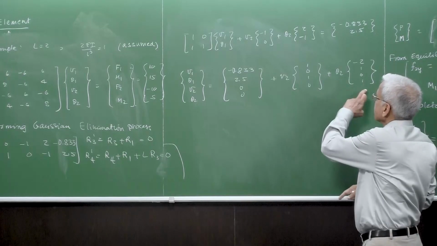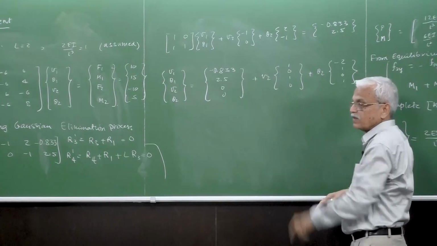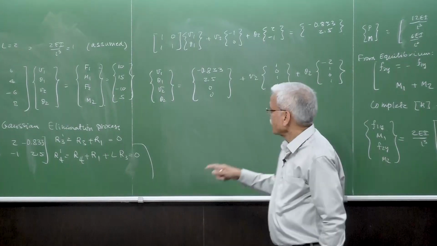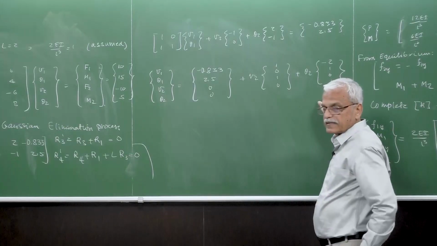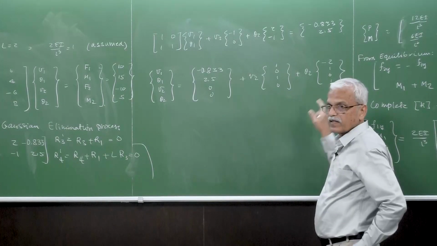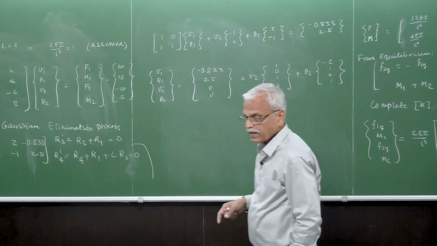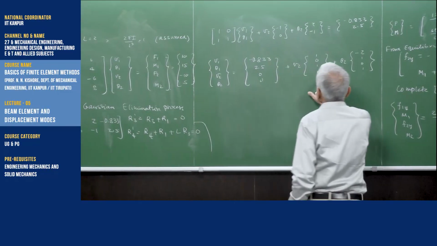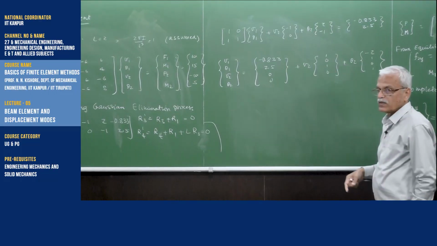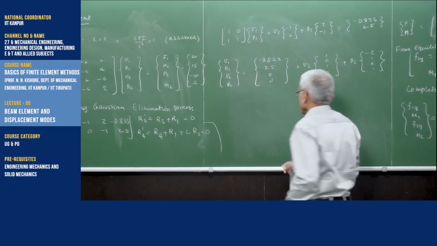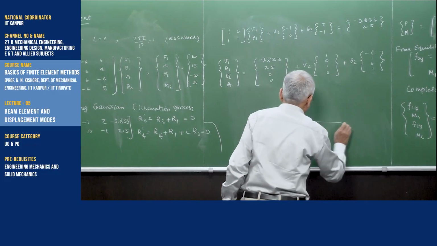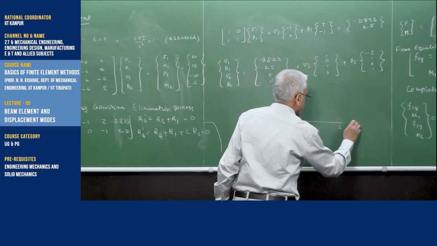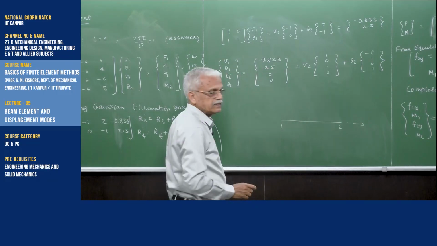As I kept telling, these rigid body modes are not necessarily these things. Any combination of this is also a rigid body deformation. Can you see that this 1010 is nothing but, if you have a beam like this one, what is 10?